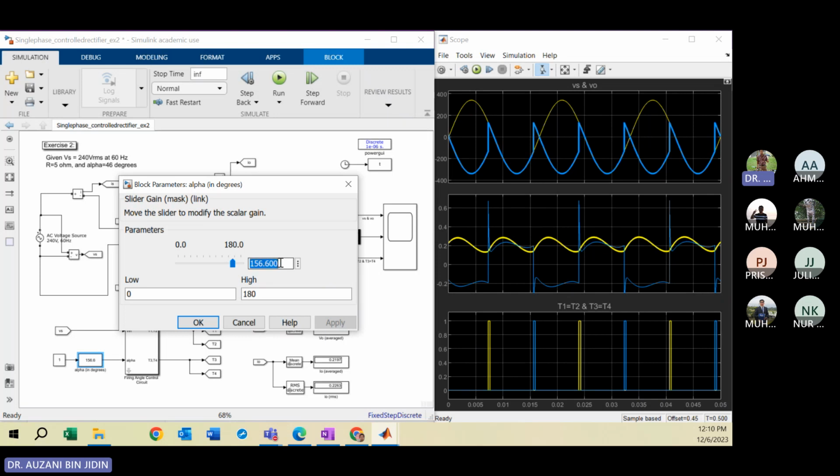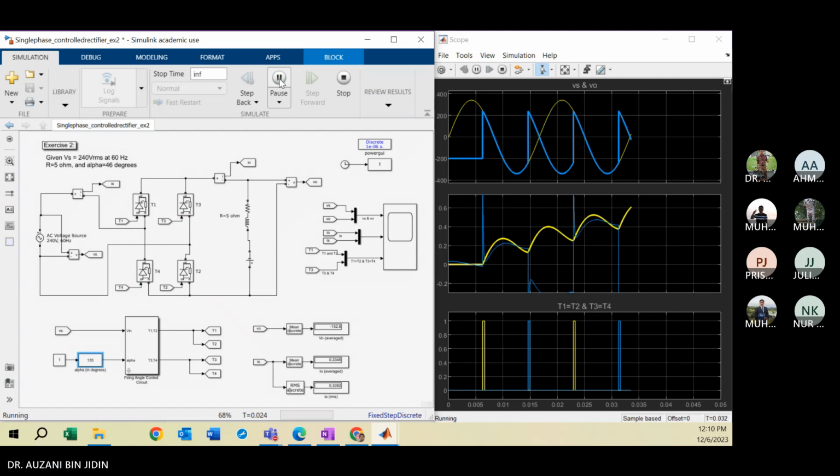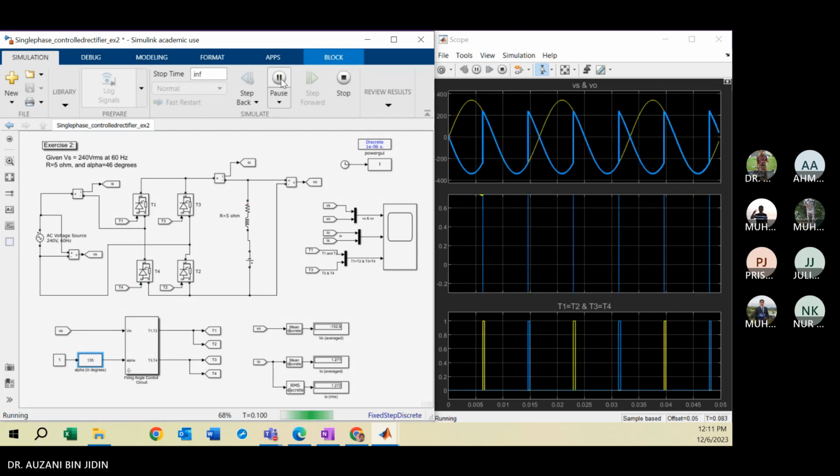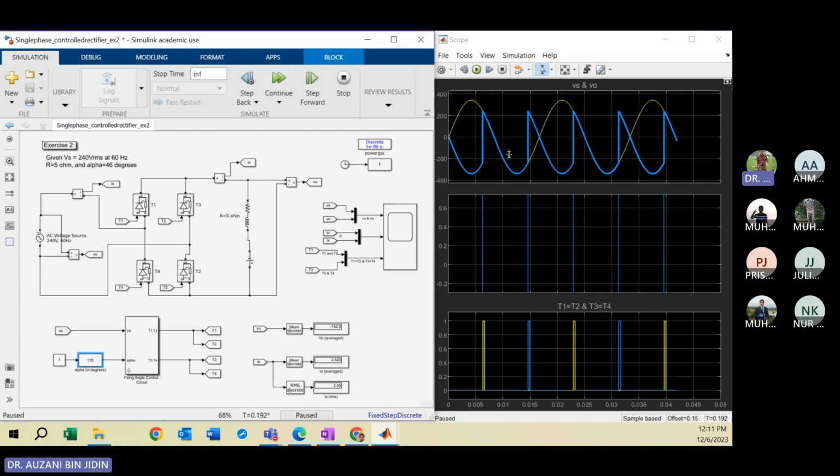For example, here I set 135 degrees. You can see the negative area now is larger than the positive. Is it right? The negative will be larger than positive.